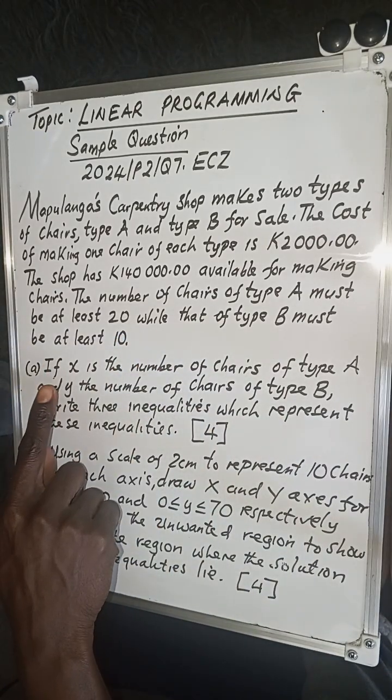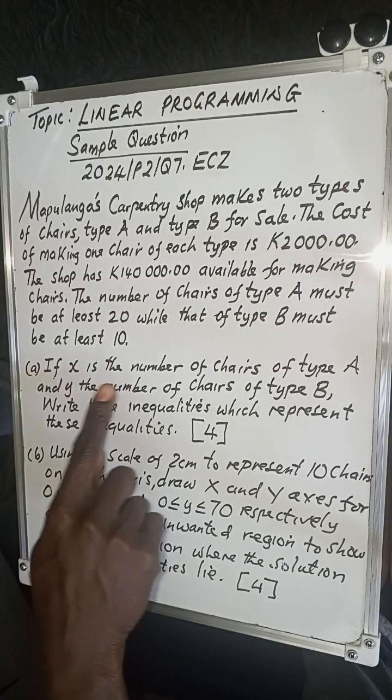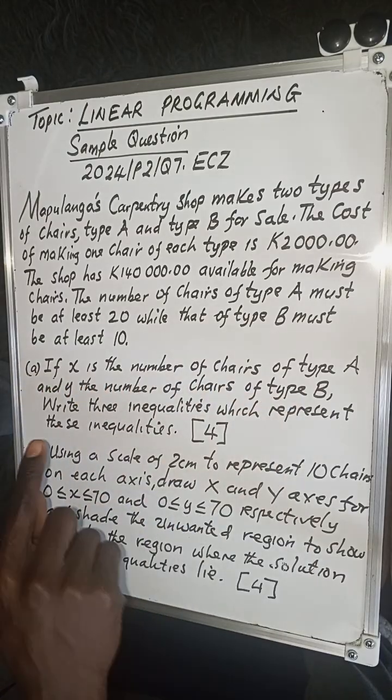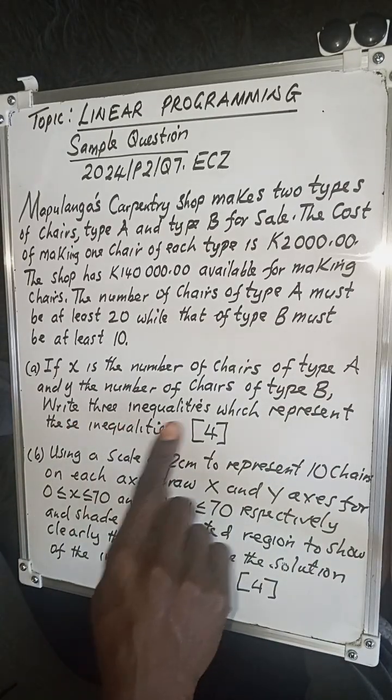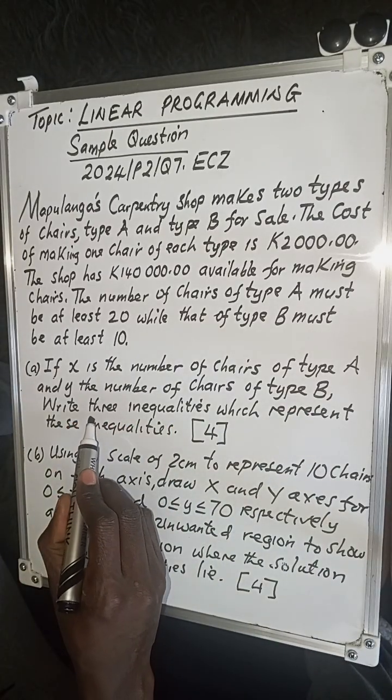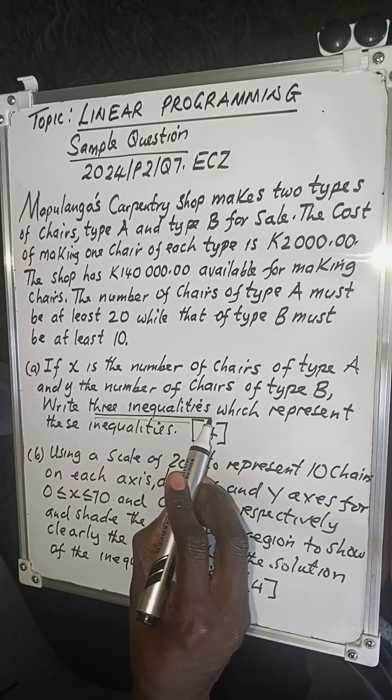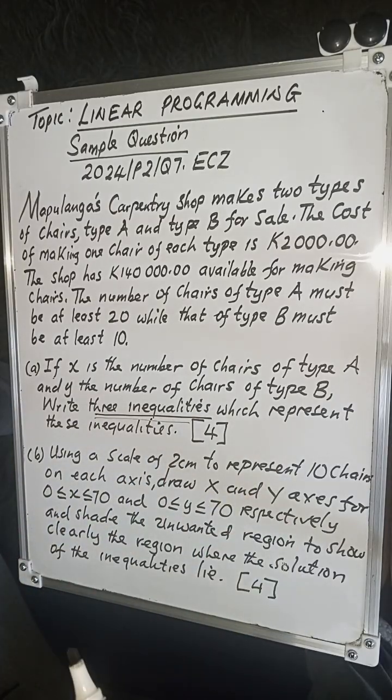Then it says if X is the number of chairs of type A and Y the number of chairs of type B, write 3 inequalities. So they want you to write 3 inequalities which represent the constraints that you have been given.